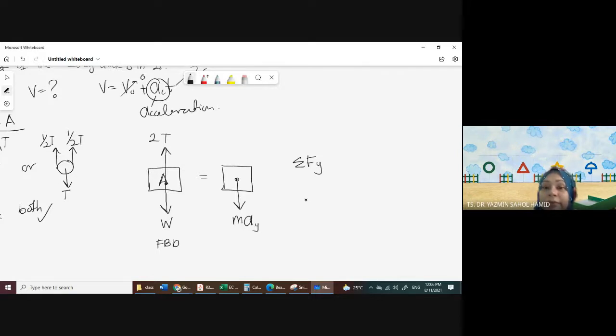Understand? Yes. Okay. And then if you want your Fy to be positive, you assume the direction to be downwards positive. So it means for our vertical direction, Fy, you can assume upwards, you can assume downwards. But if you assume downwards, then the may will be positive. Understand? It is how you assume it. It means you can assume it the other direction, but in the end we will counterbalance.